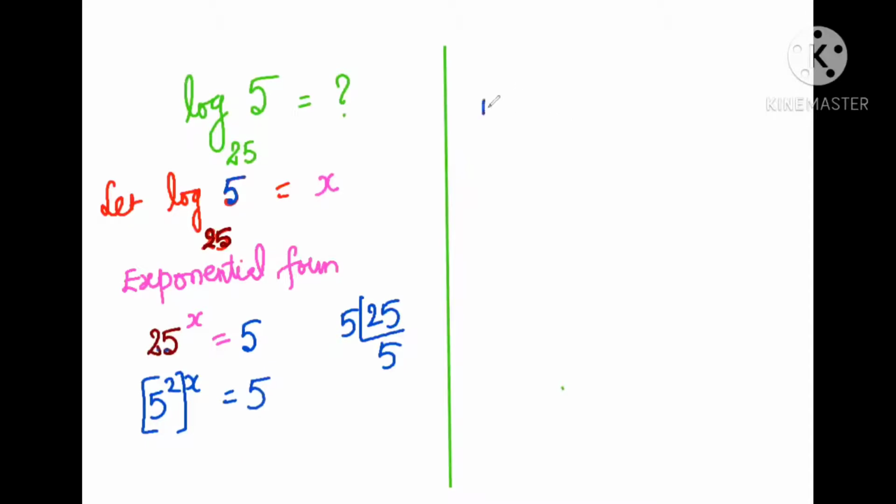Now 5 to the power of 2x is equal to 5 to the power of, here no exponent is there, that means 1 is the exponent. Now compare the bases. When bases are equal, exponents are also equal. This is the main concept here, because on the left hand side and right hand side the same numbers are there.